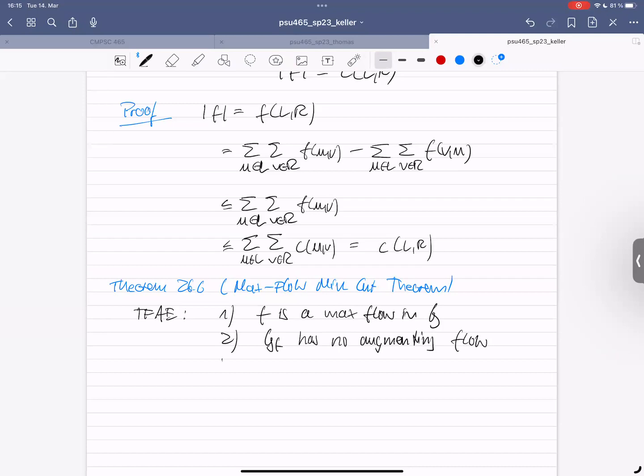And 3, the value of the flow is actually equal to the capacity of an L, R cut. So far we have upper bounded it, but in this theorem we actually find one cut with equality. So this is true for some cut L, R.